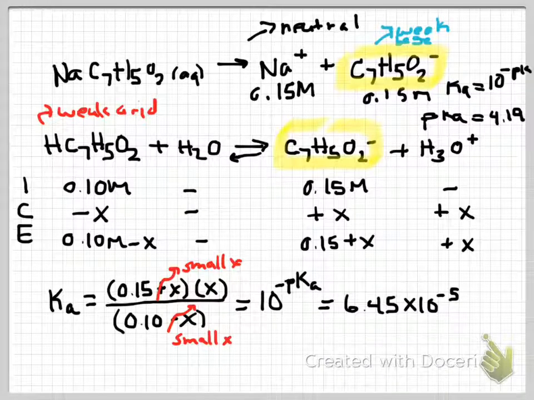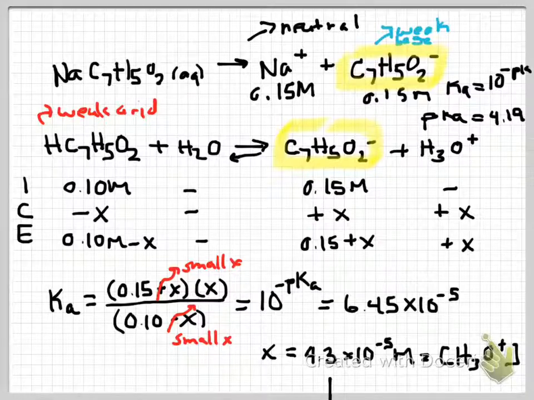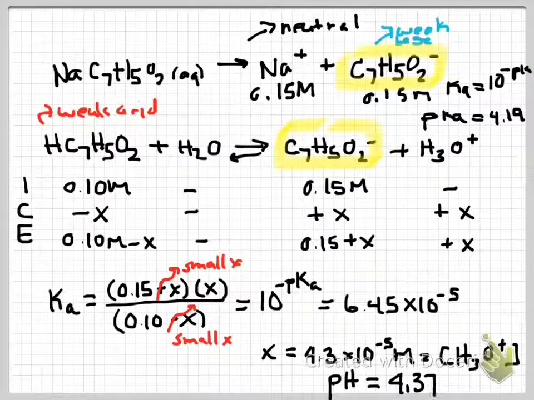And you solve for x out of this algebra, and you get x is equal to 4.3 times 10 to the minus 5th molar, and that equals our H3O plus, which leads to a pH equal to 4.37 if I take the negative log of that number.